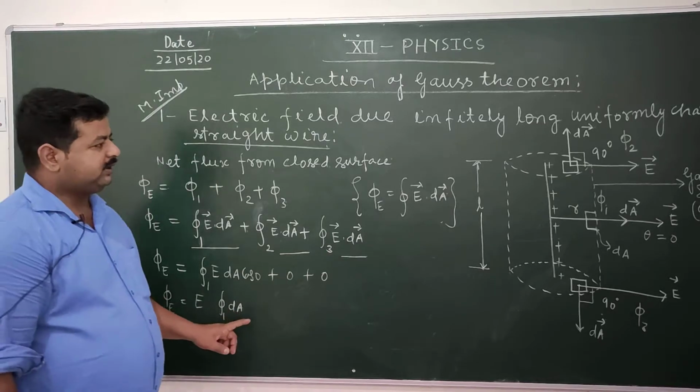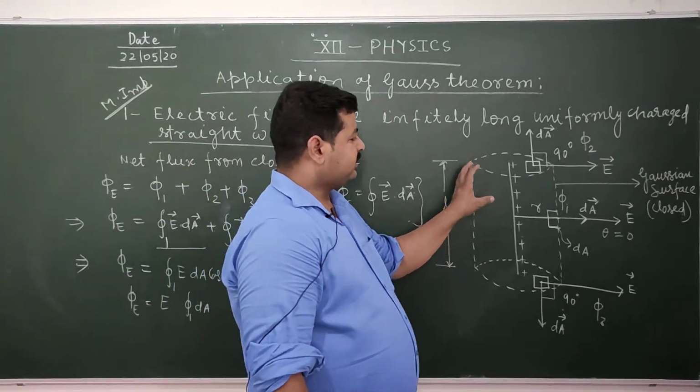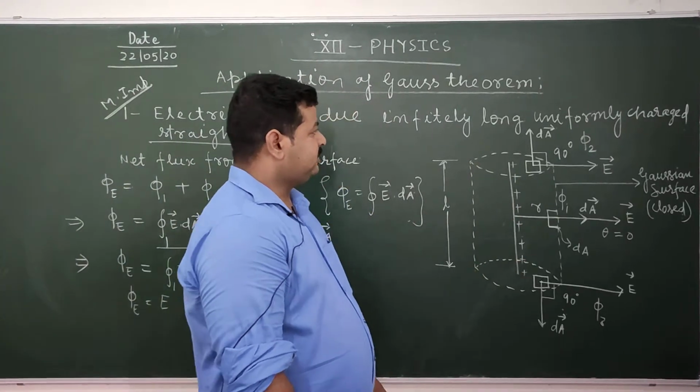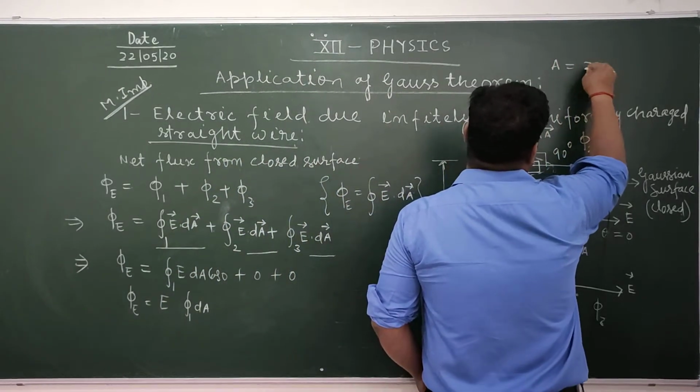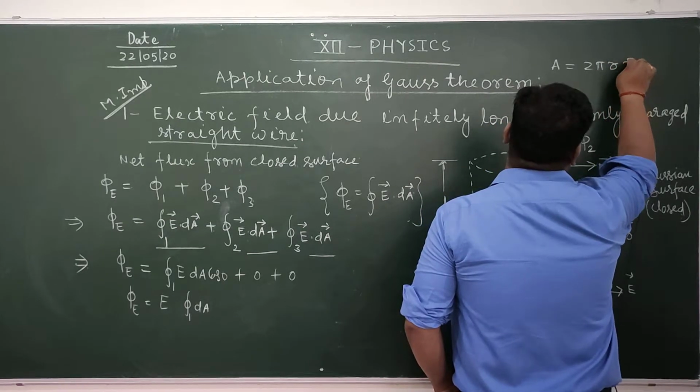So dA is the area of the curved surface, and the formula for the area of the curved surface of a cylinder is 2 pi r h.